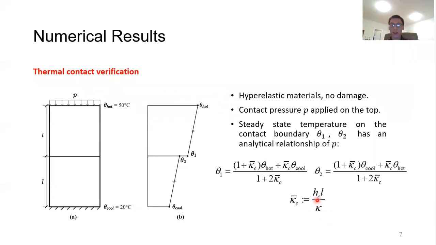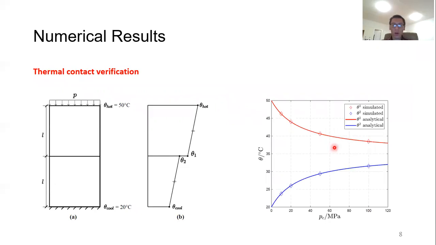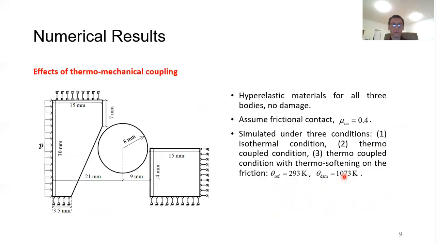Because here HC is also a function of the normal contact pressure, theta 1 and theta 2 is a function of P. We plot the analytical solution as a solid line, and those diamonds are the numerical results of theta 1 and theta 2 with different applied contact pressure P. We observed that the numerical simulation and the analytical results are pretty close, and this verifies the correctness of our thermal contact model.